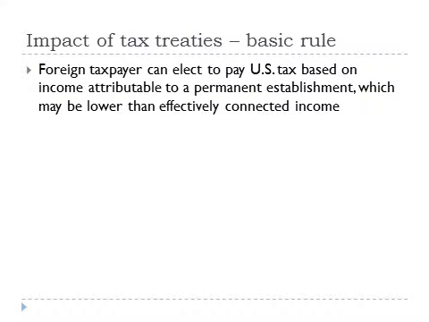In general, if a tax treaty applies, then a foreign taxpayer, non-resident alien, foreign corporation, or other foreign taxable entity can elect to pay tax in the United States only on income that is attributable to a permanent establishment in the United States. Income attributable to a permanent establishment may be less than the amount of effectively connected income. This concept is discussed in another lecture.